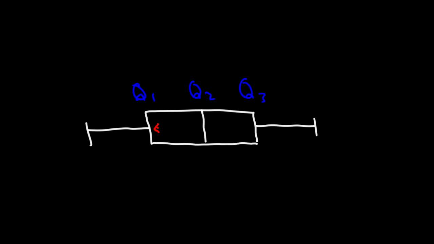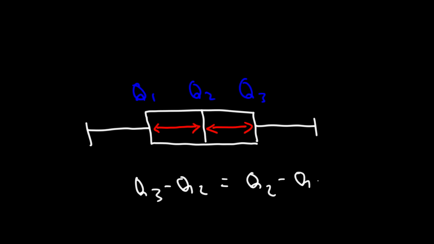Notice that the length of the first box on the left is the same as the length of the box on the right. So what this means is that Q3 minus Q2 is the same as Q2 minus Q1. So that represents a symmetric distribution. The second thing is the length of the whiskers. The whisker on the left is equal in length to the whisker on the right. So everything about this box plot is symmetrical.